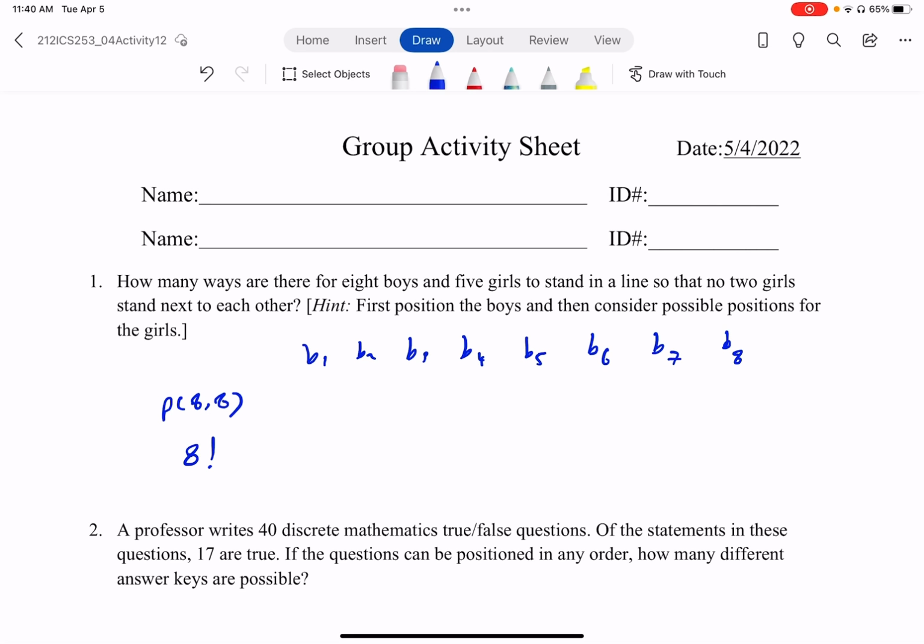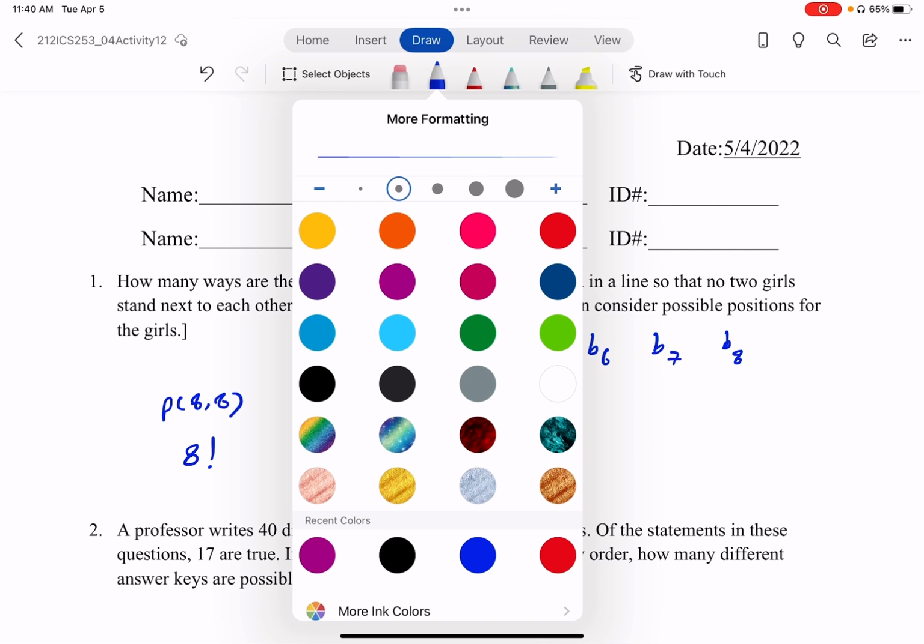What are the positions that are available for the girls? We have 9, right? In fact, let's make it girly a little bit. What do you think? Let's use another color.